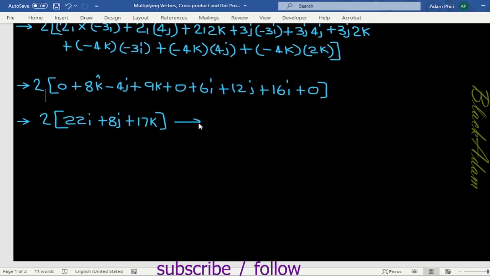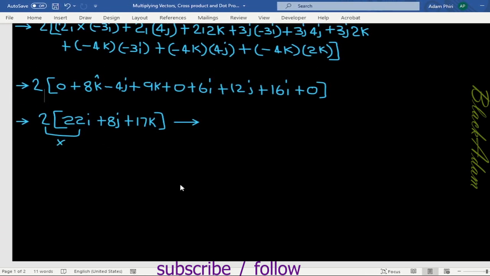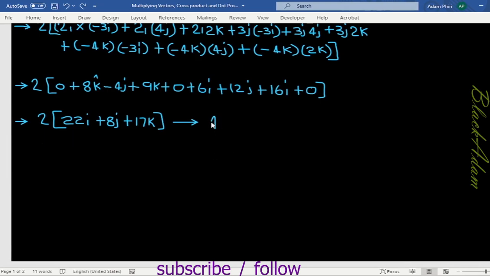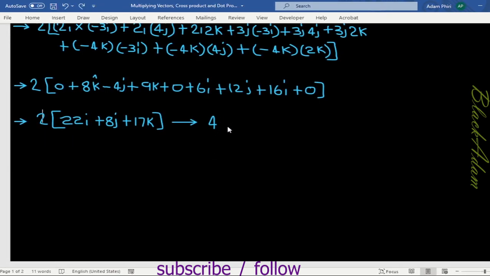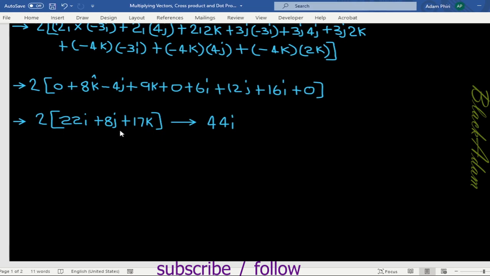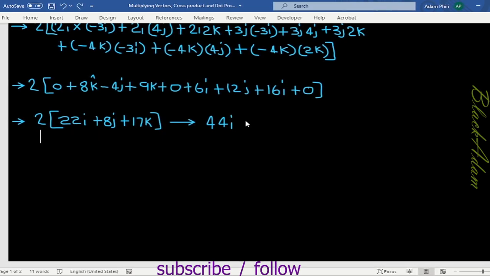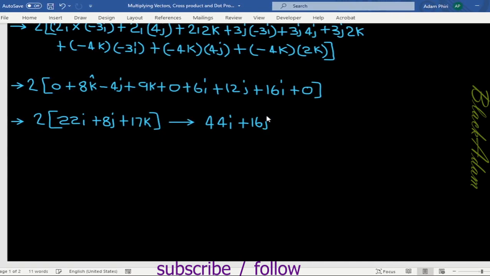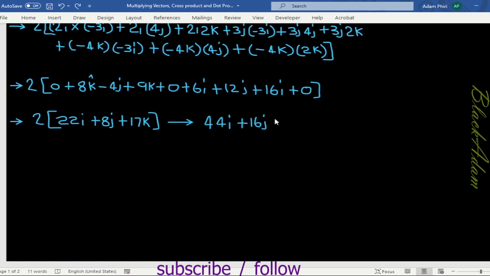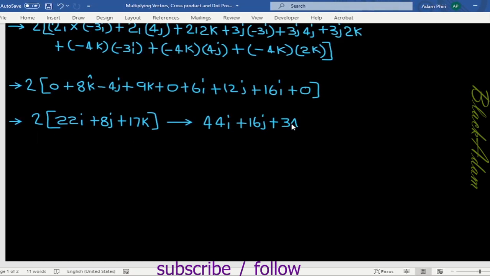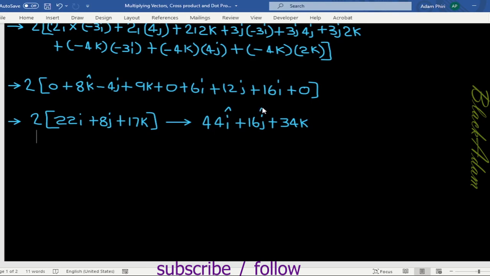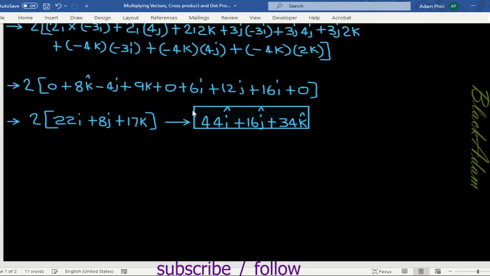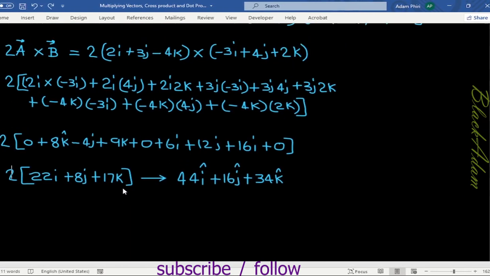And now we multiply throughout by 2, so 2 times 22i is going to be 44i. Then 2 times 8j is going to be 16j, and 2 times 17k is 34k.